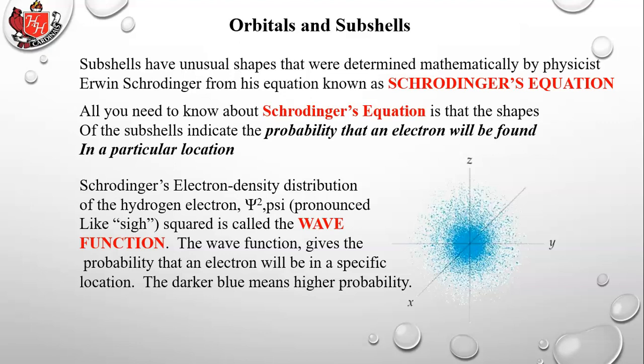Okay, so we're not thinking of circles, we're thinking 3 dimensions. So the electron is most likely to be found very close to the center of the x, y, and z axes. That would be the nucleus of the atom. It's less likely to be found farther out, and that's why the blue becomes lighter and lighter and more spread out as you get away from the nucleus of the atom. The shapes of the subshells are shown on the following slides.